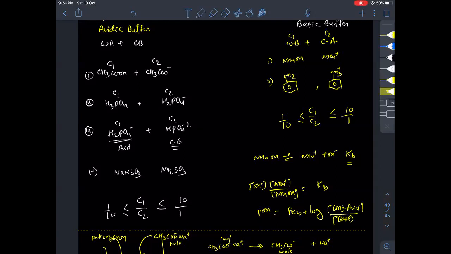Right? This is how you will derive. Once pOH is known, you can get the value of pH. Now pH means basically 14 minus pOH, or pKw minus this. And then this is Ka and this is Kb. For this it is Kb and for this it is Ka. So you can solve for this also. Everything will be as usual.